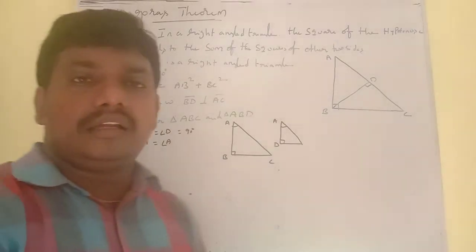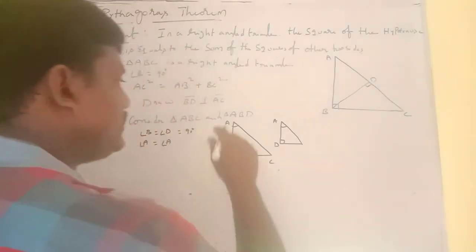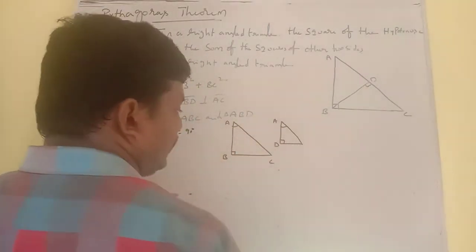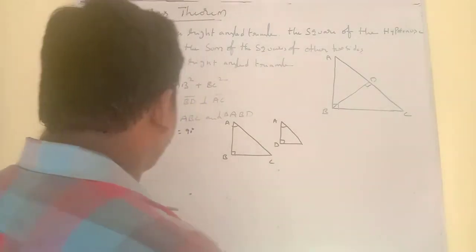In two triangles, if any two corresponding angles are equal, then automatically the third angle will be equal by the angle sum property of triangles.